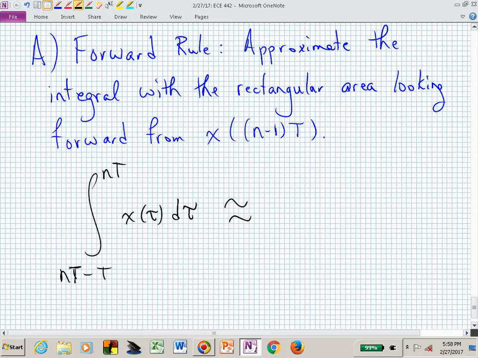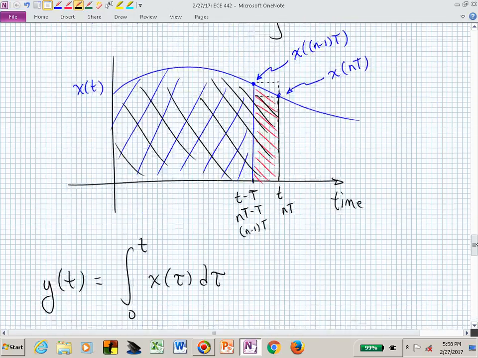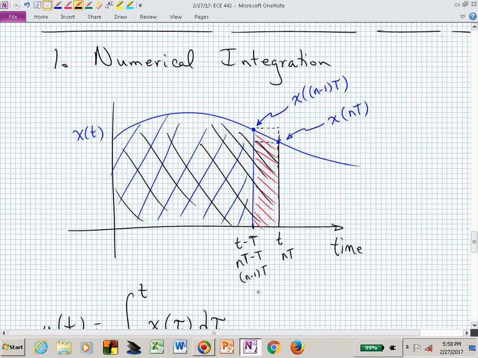If we're now approximating it with this rectangle, how do we find the area of that rectangle? How wide is that rectangle? Let's go back to our picture. What's the width of that rectangle? It's from nT minus the quantity nT minus T. The nT's cancel, do they not?